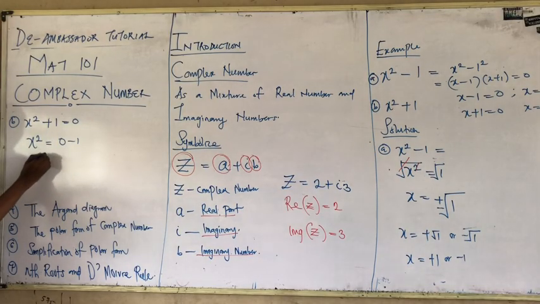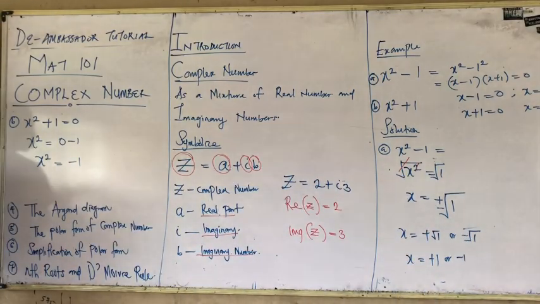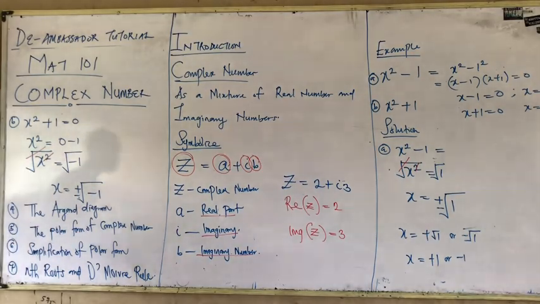So I have that x squared equals minus 1. What will I do? Square root both sides, isn't it? When I square root both sides, you see that the square will cancel out the square. We are left with x equals the square root of plus or minus 1. Is that not it?